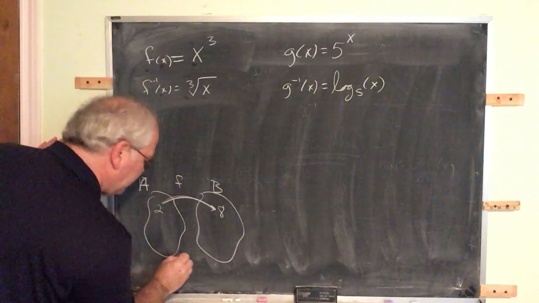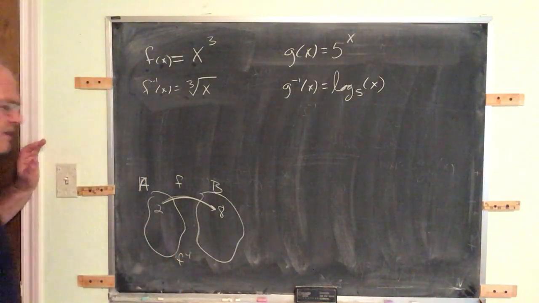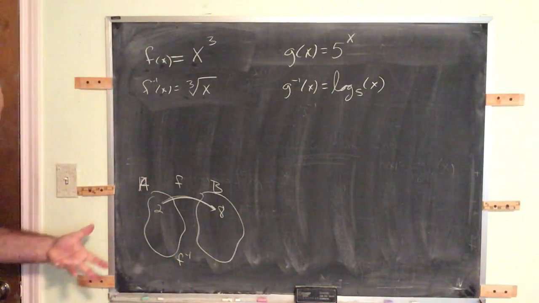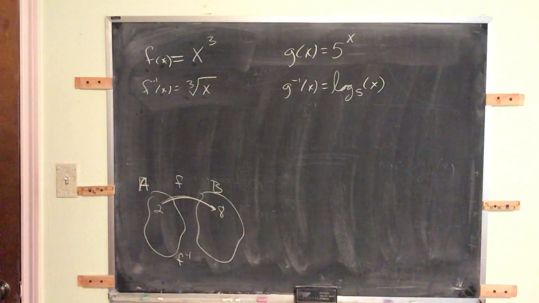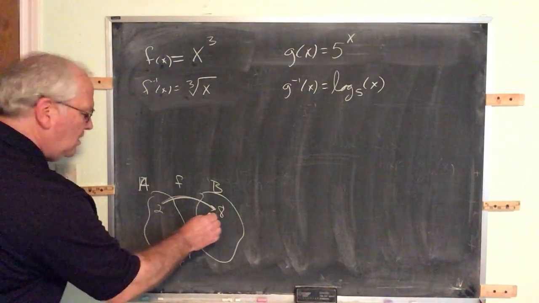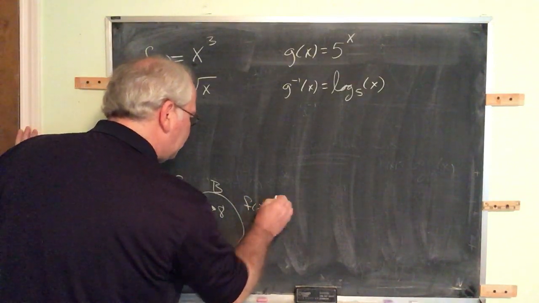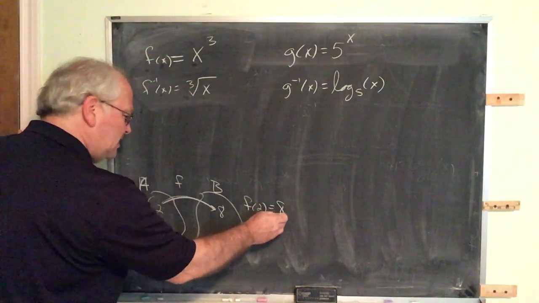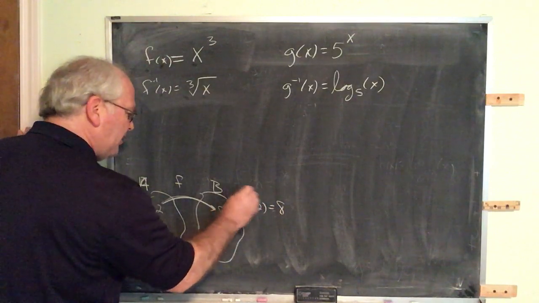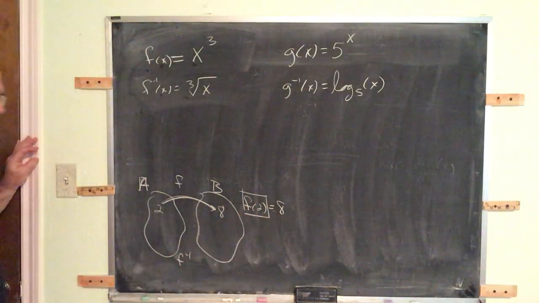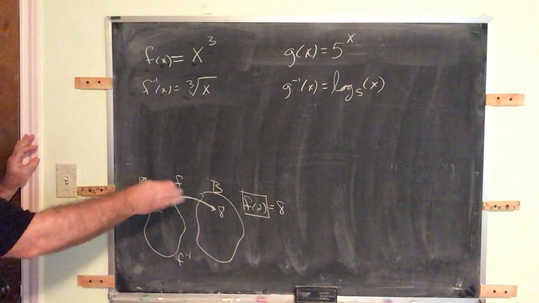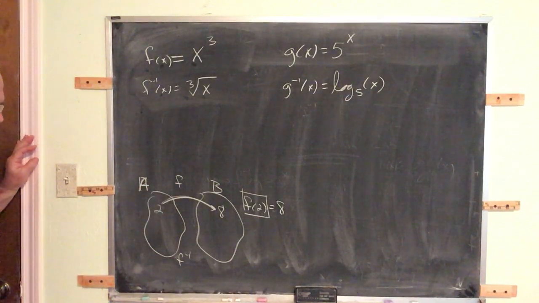But f inverse, in order to be the inverse, remember the inverse returns these values back where they started from. And so what we can say is f of 2 is equal to 8. So anywhere you see 8, you may take 8 out of the expression and put in the symbols f of 2. Those are interchangeable for this problem.